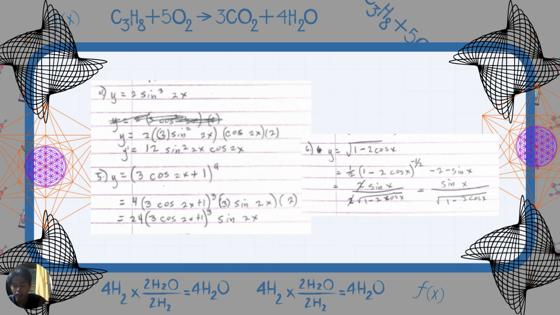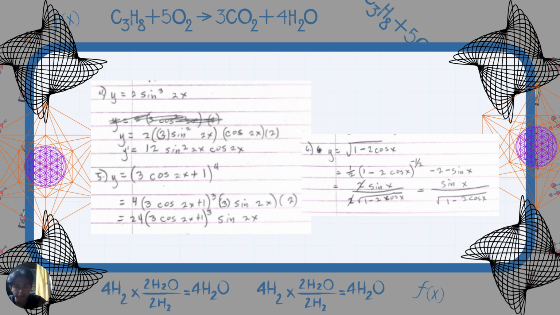In order to eliminate the square root, we are going to make the equation raised to the power of 1 half. So since it is raised to the power of 1 half, we're going to bring down the 1 half and then multiply by 1 minus 2 cos x, and then 1 half minus 1 is equal to negative 1 half.